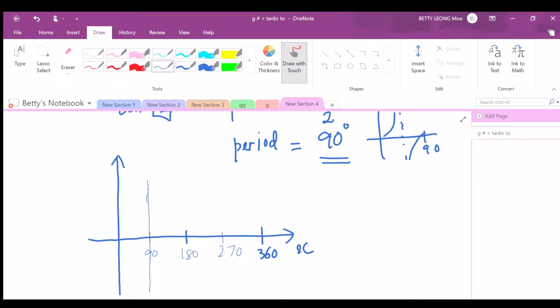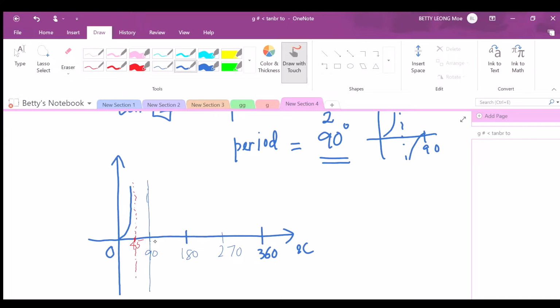The center line here is the infinity line. So your graph will be like this. From 0 here, it will move, but it will not touch the infinity line. The infinity line actually is at the value 45. And then from 45, it will move up and stop at 90.